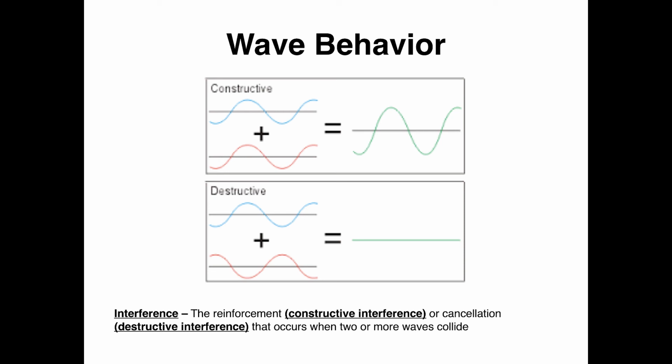Now, the top is an example of perfect constructive interference because the wave that results is a perfect addition of the two waves that ran into each other. And the second is an example of perfect destructive interference because there's no wave left. They both go away. And so there are obviously situations where interference occurs to a lesser degree or a greater degree.